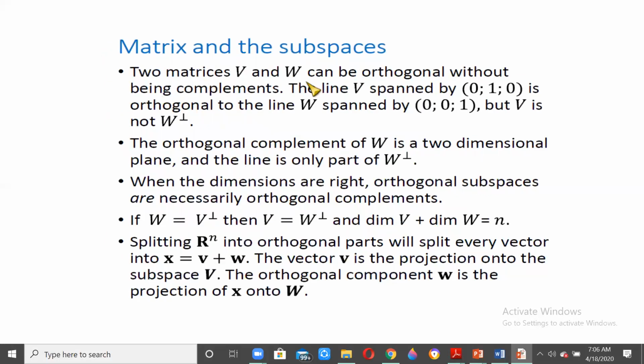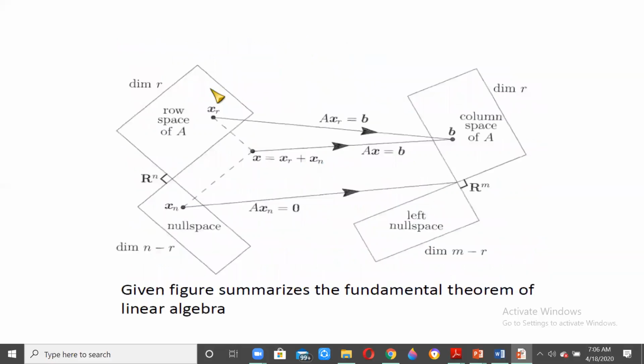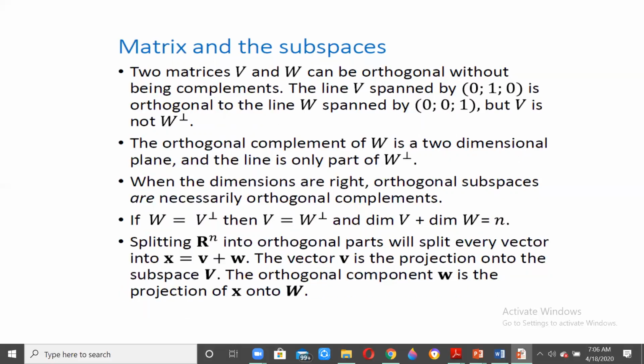Two subspaces V and W can be orthogonal without being orthogonal complements of each other. For example, the line V spanned by (0, 1, 0) is orthogonal to the line W spanned by (0, 0, 1). But V is not W perpendicular, because the dimension of the line V is 1 and the dimension of the line W is 1.